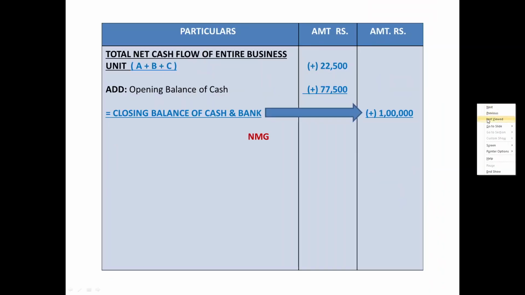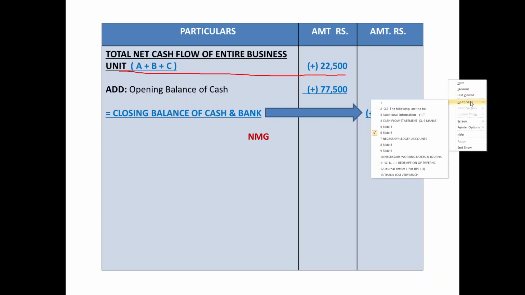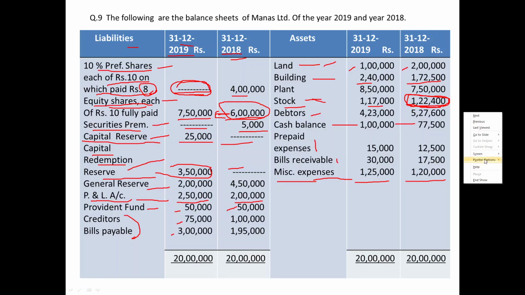What is the net position of cash flow of the entire business? Make the total of A plus B plus C, that gives plus 22,500. Add opening balance of cash and bank. Let us verify the balance sheet for opening as well as the closing balance of cash and bank. Have a look. Cash balance.